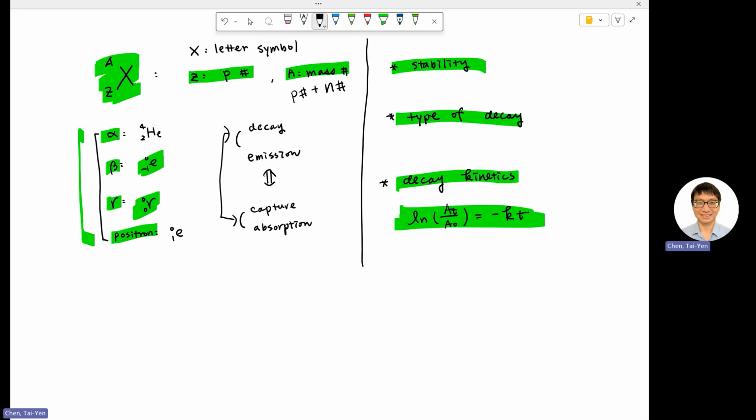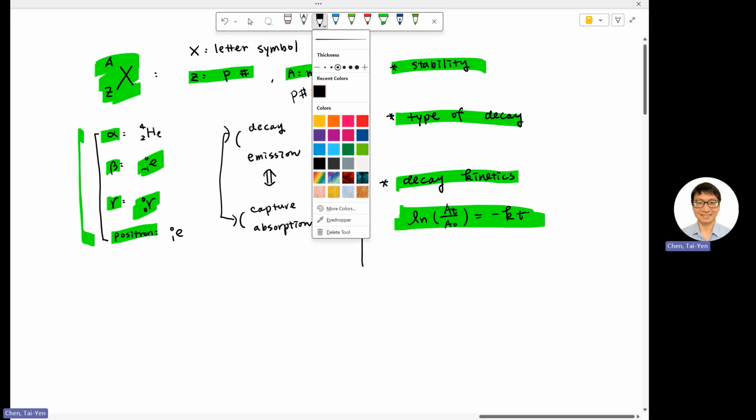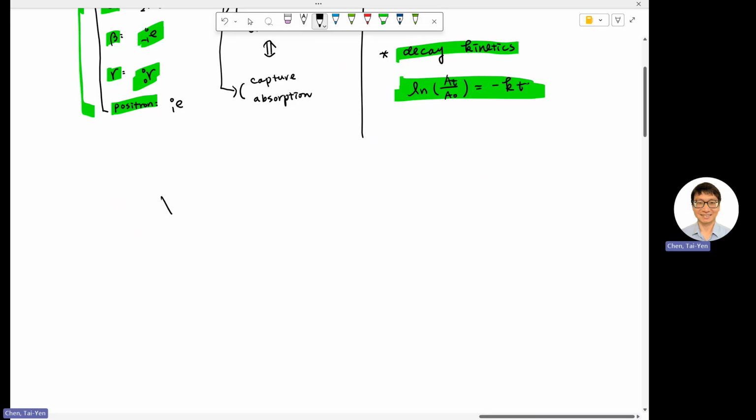I guess I need to write out this equation so you can see what I'm talking about more clearly. This is the general equation that you're going to see. If you have an atom X to start with, it undergoes a certain decay.